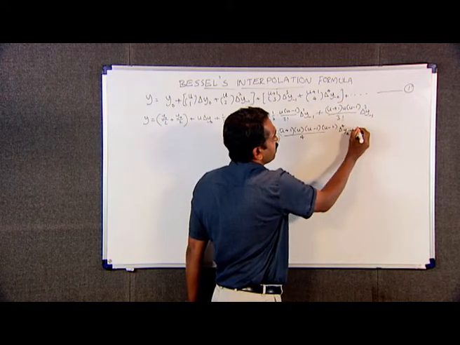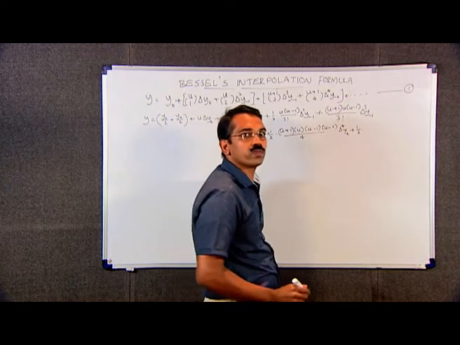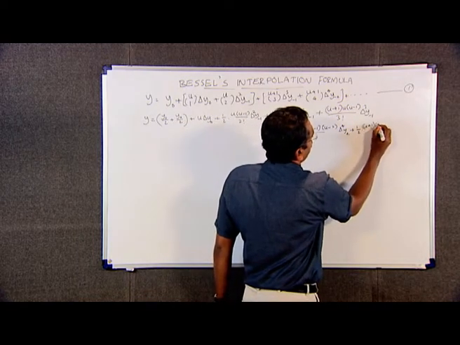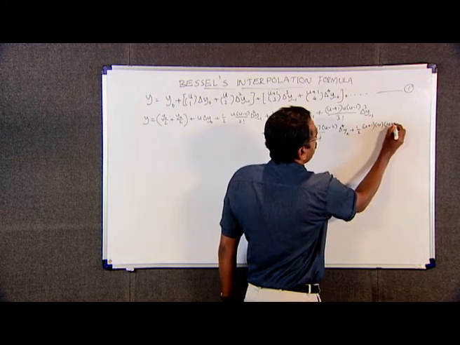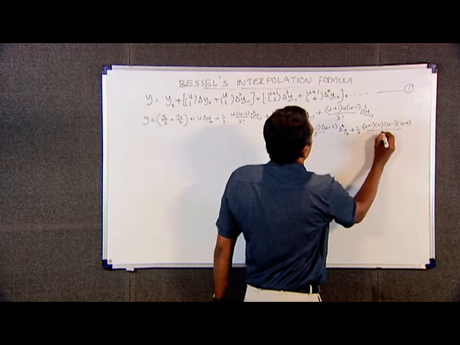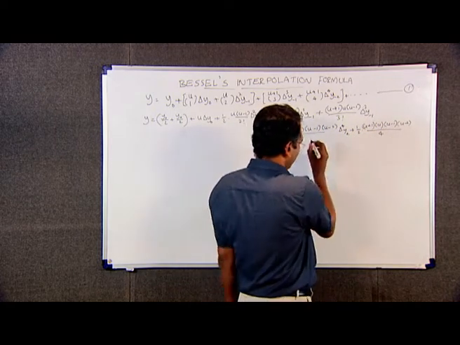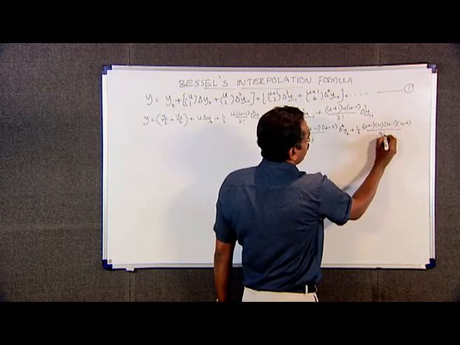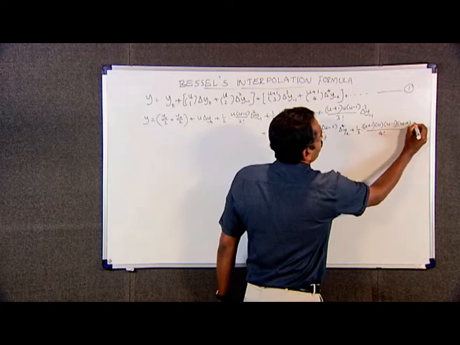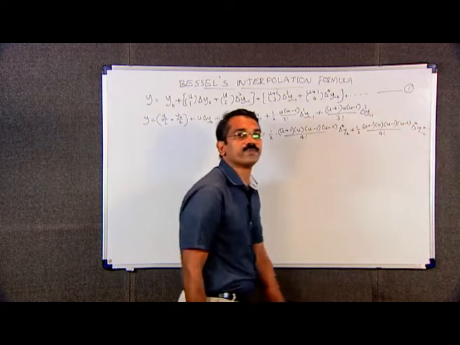Similarly, the second split up of this term is 1 by 2 into (u plus 1) into u into (u minus 1) into (u minus 2) divided by 4 factorial into delta raised to 4 y minus 2, plus etc.